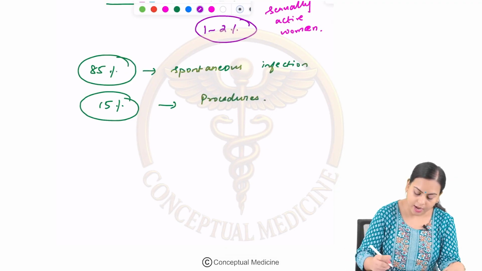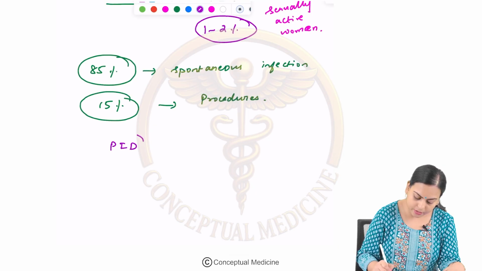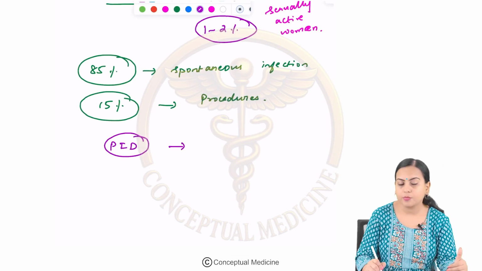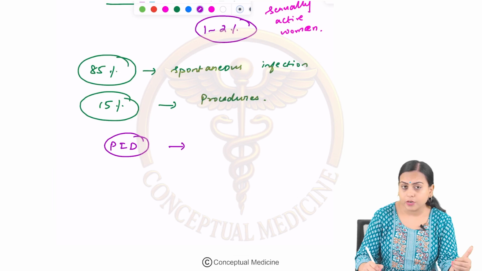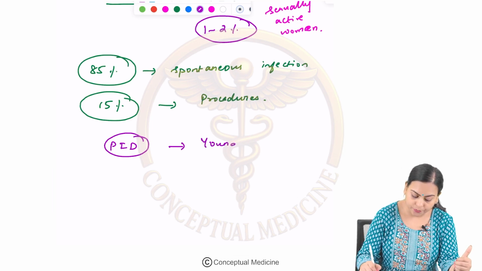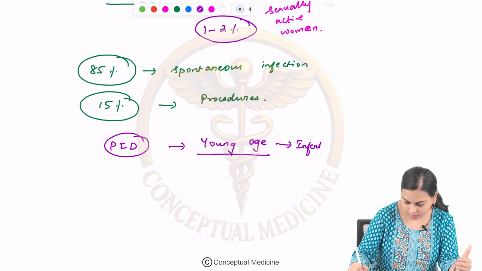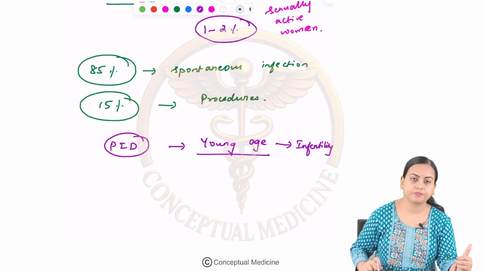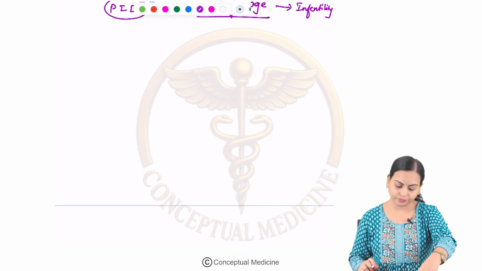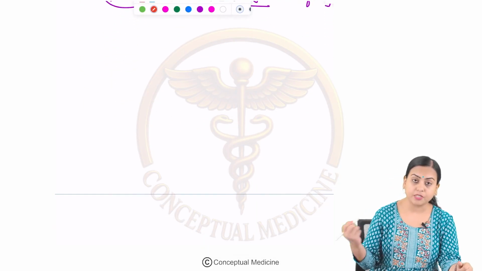Clear? Pelvic inflammatory disease is a major problem for women of young age, because it can result in infertility. Clear?